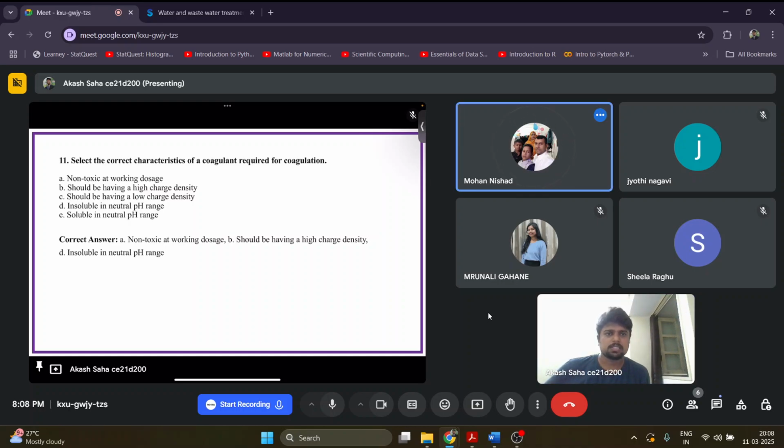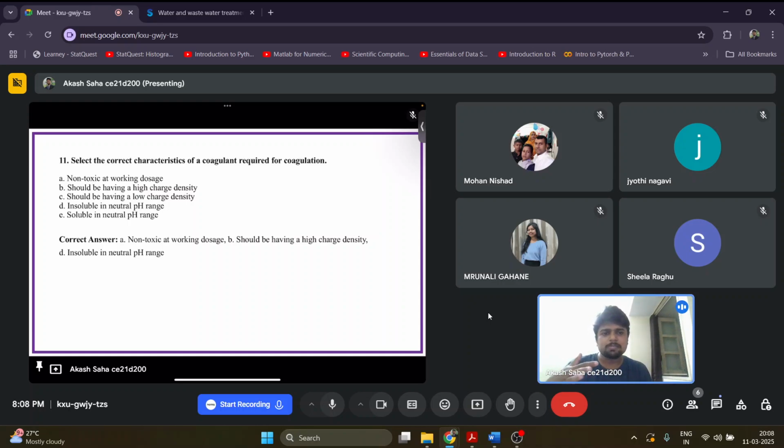Excuse me, sir. Yes. Please define non-toxic working dosage for clarification. So non-toxic means, whatever dosage we are providing in the system, suppose 2 milligram per liter or 20 milligram per liter, it should not give any toxicity characteristics to the water, because that water has to be consumed at a different stage.